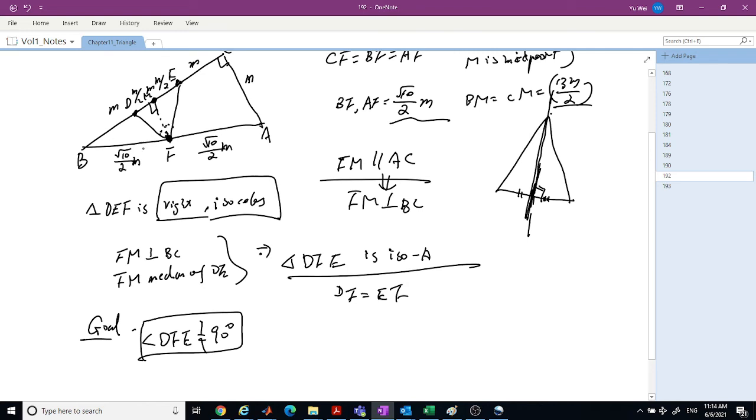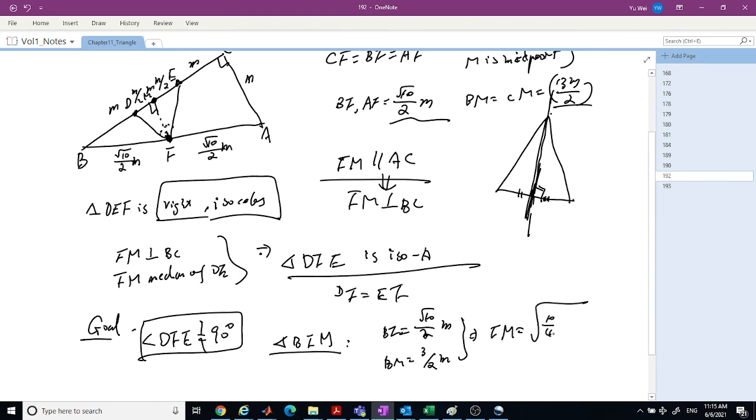So we know triangle BFM. You know BF is equal to root 10 over 2 of M. Now you know BM equals 3 over 2 of M. By Pythagorean, you know FM equals the root of 10 over 4 minus 9 over 4 of M, which is M over 2.